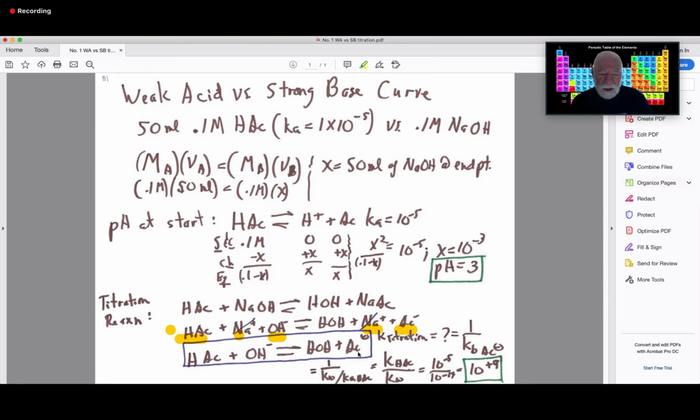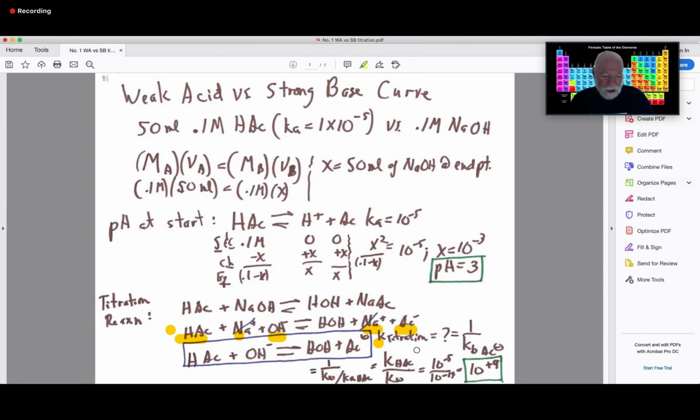Now, we need the K for that titration reaction. And I think that's one of the trickier things in the course: how do you get the K titration? It's too bad there's no table you can look at. No one ever devised a table. Now, the thing is, if you look at the titration reaction, the forward reaction is not useful in terms of visibility, but look at the reverse reaction.